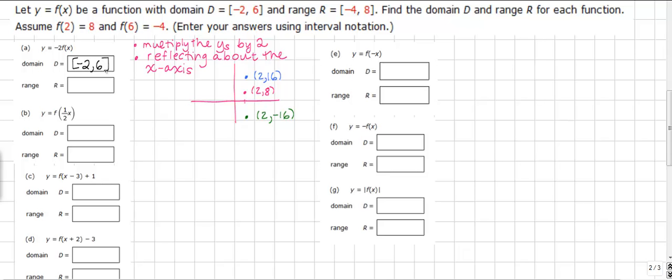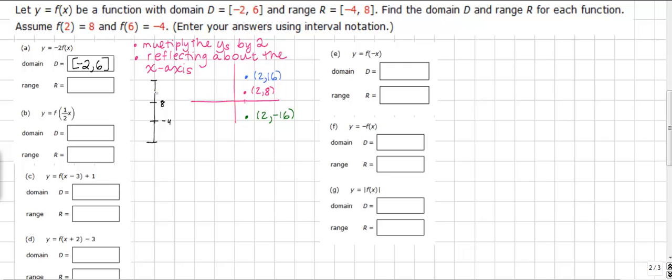Our range, however, was affected. And notice, in order, our y's were multiplied by 2 and then multiplied by -1. So if I just strip out the y-axis here and look at the original range, which is -4 to +8, the first thing that happens is that we multiply by 2.